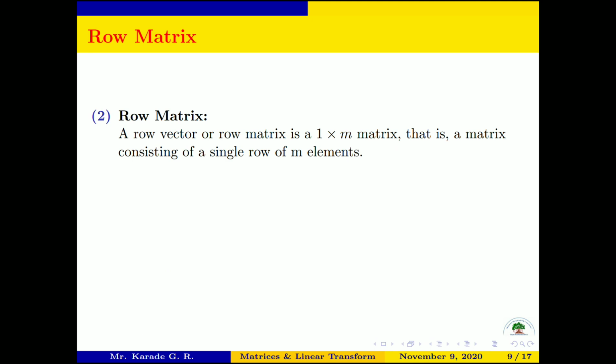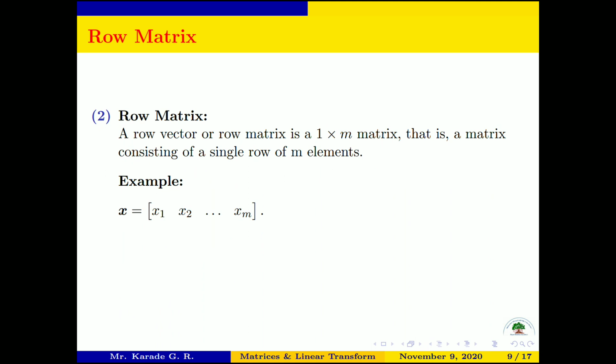Now we define what is a row matrix. A row vector or row matrix is a 1 by m or 1 cross m matrix, that is a matrix consisting of a single row of m elements.